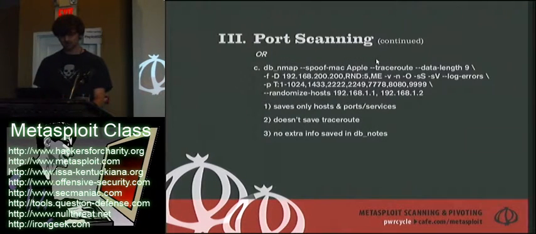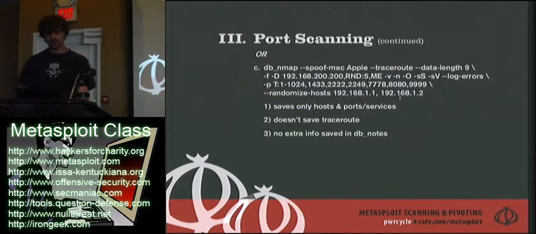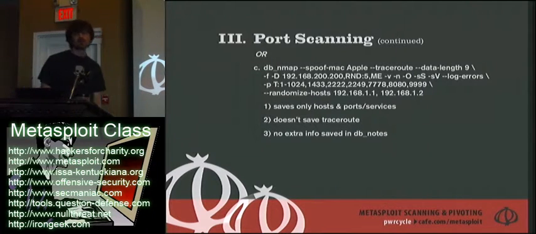So here is the Nmap command, which, as you can see, it starts with db_nmap. If you're inside MSF console and you run the command this way, and I put the exact same options as before.